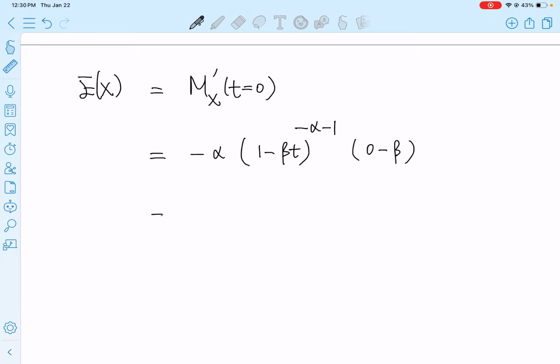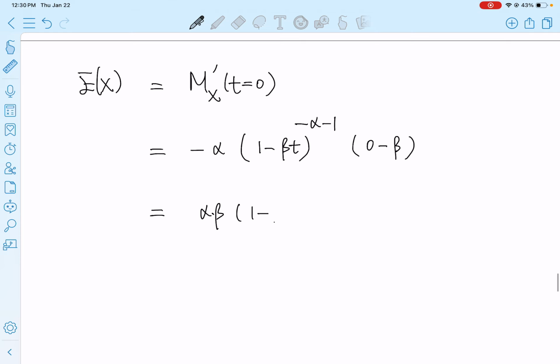So the chain rule gives us 0 minus beta, which is just negative beta. Okay. Now let's group the things together. So here we have a negative beta and a negative alpha. That means we have a positive alpha beta in the front. And then 1 minus beta t, to the power of negative alpha minus 1.